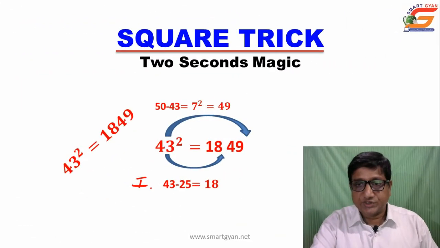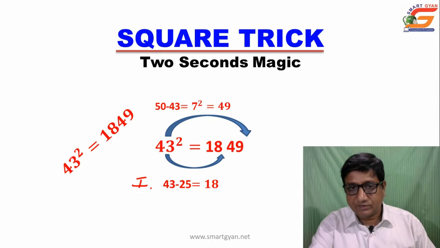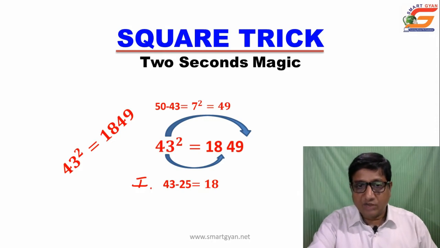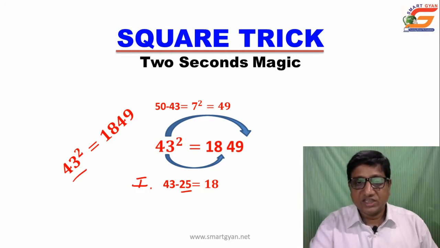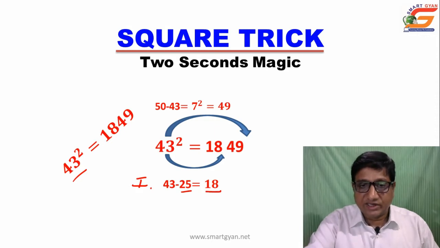There are 2 steps, as I have explained earlier. In step 1, you have to subtract 25 from the given number. Here the given number is 43, so you subtract 25 from it, and the difference, 18, is your left part.